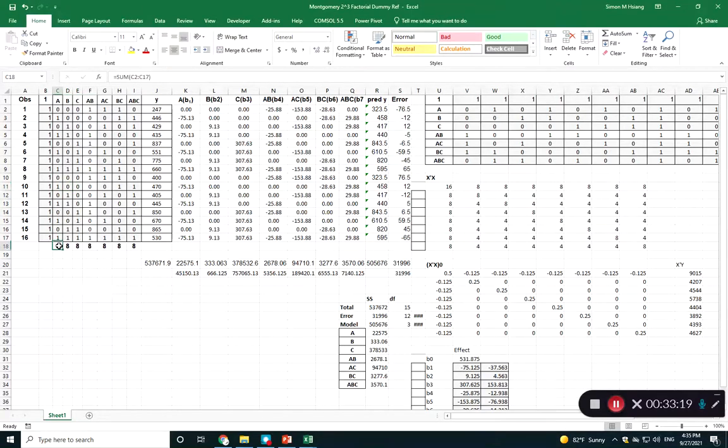Okay, so for the contrast, or for the +1, -1, the sum usually equals 0. But for the 0, 1 dummy variable approach, it's usually equal to the number of contrast times 2.